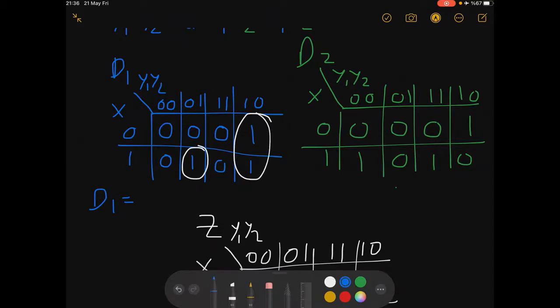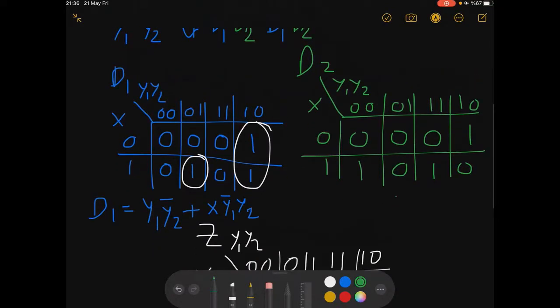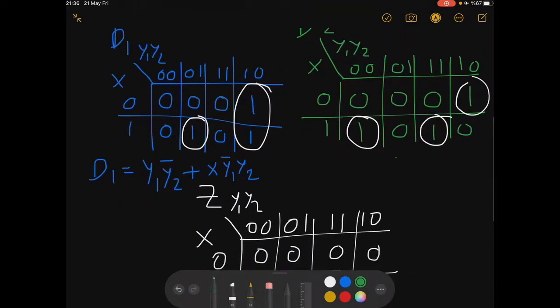So it should be y1, y2 not plus x y1 not y2. And for the green one, it should be this one, and this one. I cannot do anything else.